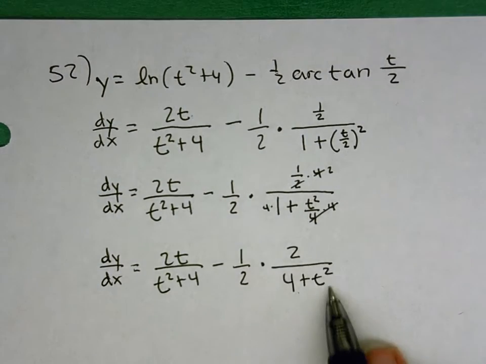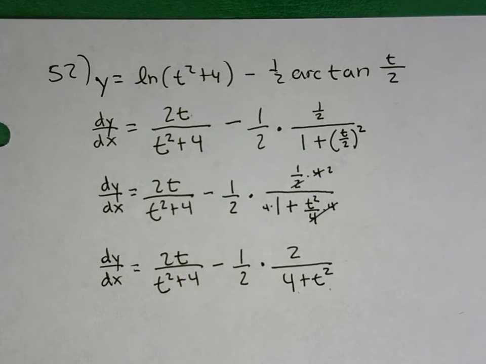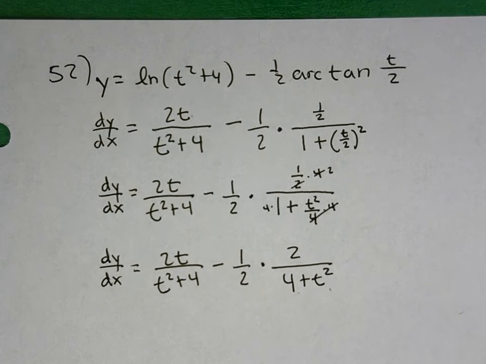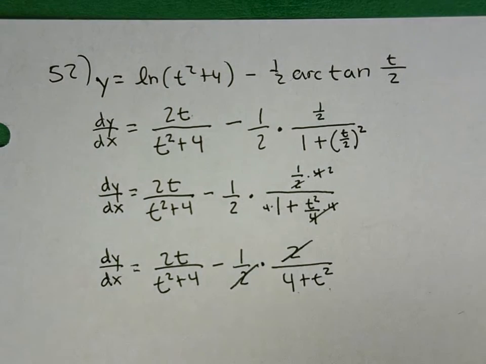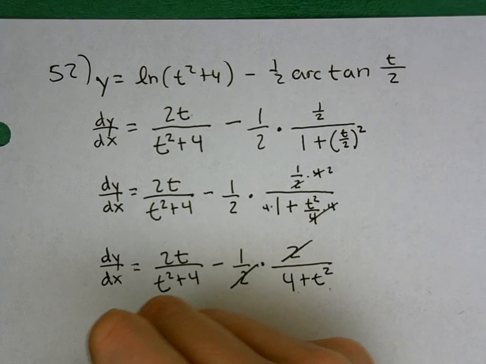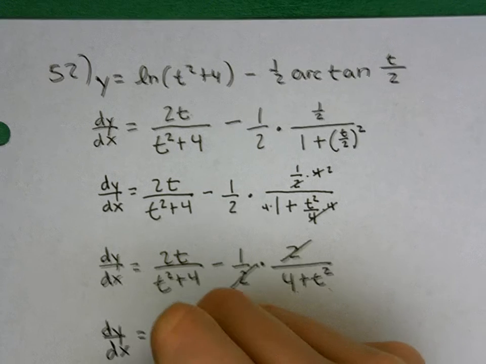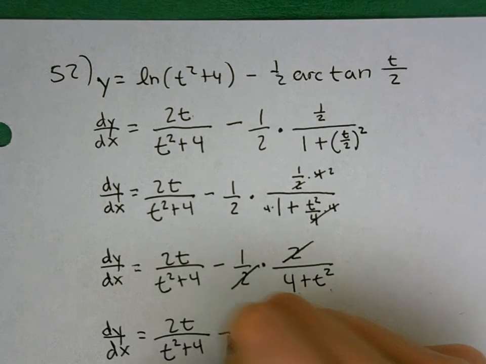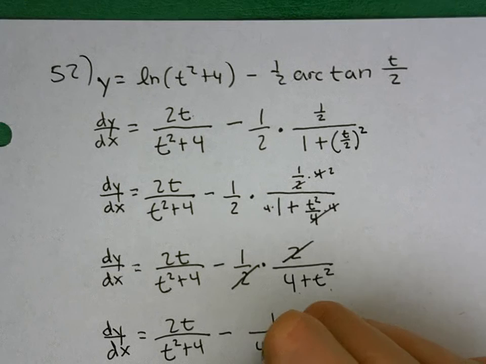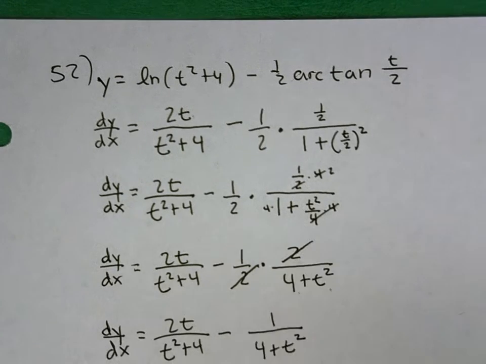The 4 is canceled, leaving us with just t squared. And then I see here that the 1/2 and the 2 could cross simplify, leaving me with 2t over t squared plus 4 minus just 1 now over 4 plus t squared.